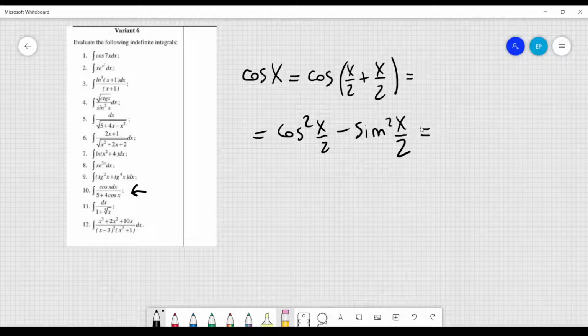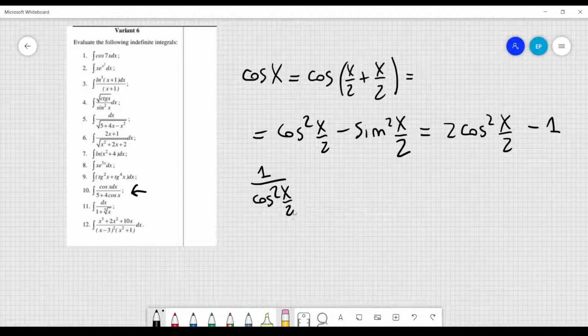So we can rewrite the sine squared of x over 2 as 1 minus cosine squared. So we get 2 cosine squared x over 2 minus 1. And then we know that 1 over cosine squared of x over 2 is equal to 1 plus tangent squared of x over 2.